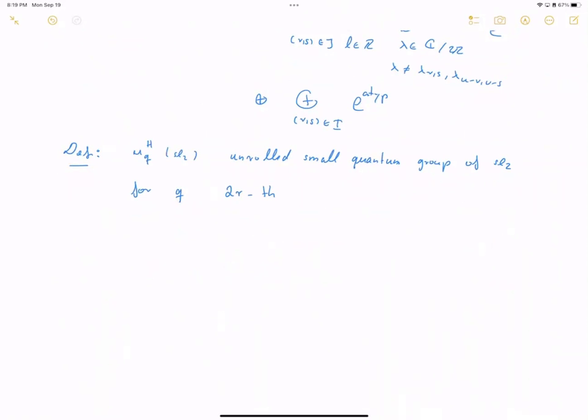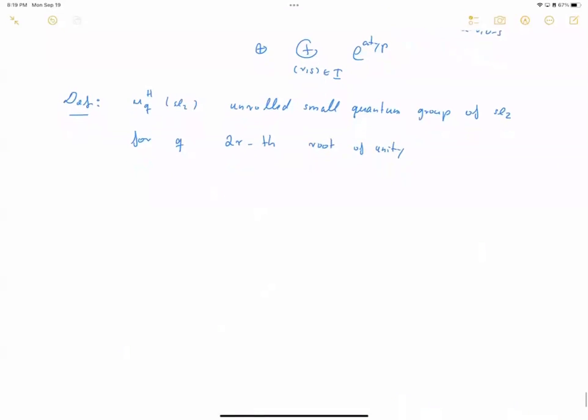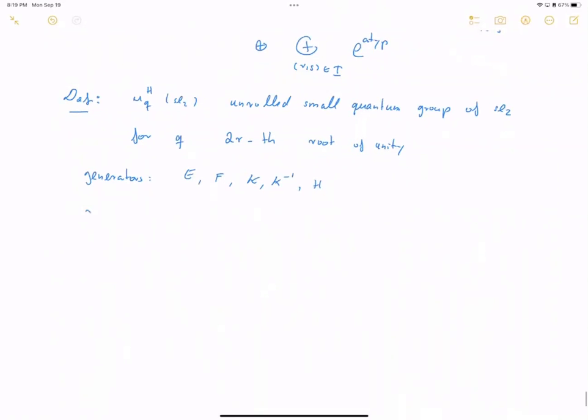So we fix q to be an even root of unity, a 2r-th root of unity. I just do this because that's the one relevant for the correspondence. This quantum group is generated as an algebra by E, F, K, K inverse, and H, subject to a bunch of relations.